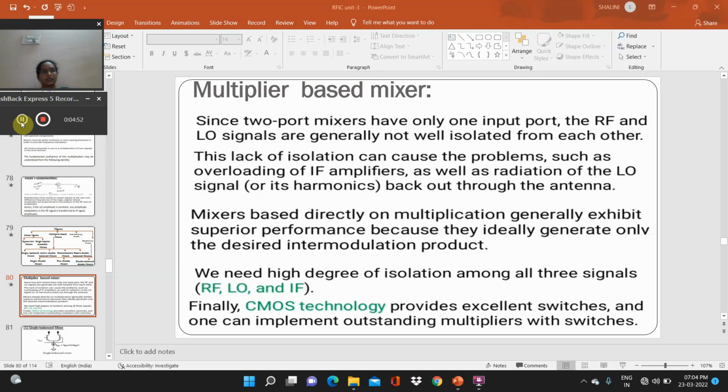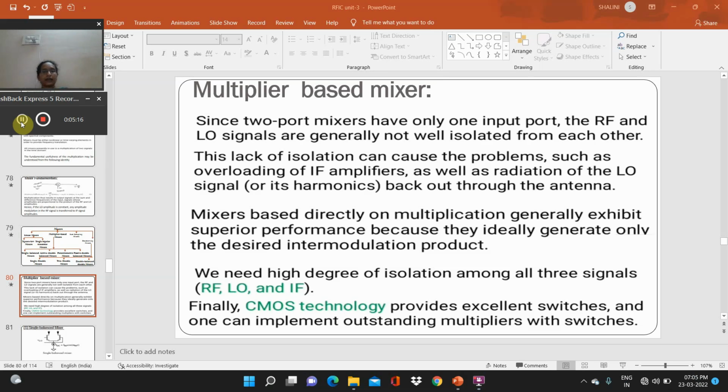Multiplier based mixers. Since two-port mixers have only one input port, the RF and local oscillator signals are generally not well isolated from each other. This lack of isolation can cause problems such as overloading of IF amplifiers as well as radiation of the local signal back out through the antenna.